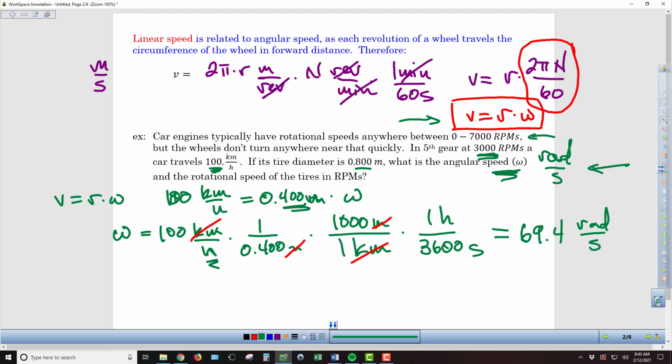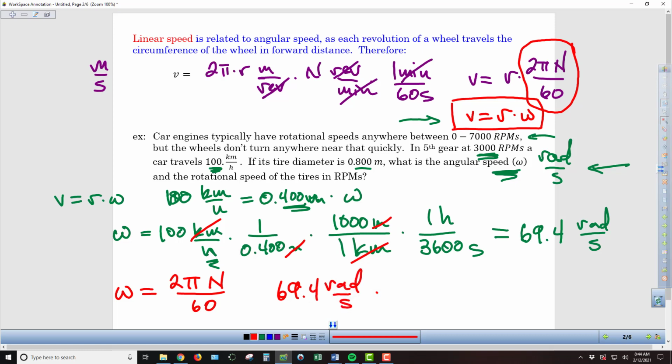And then we want to convert that into rotational speed. And so if you recall, we have our equation omega equals 2 pi N over 60. So we can rearrange this by taking our 69.4 radians per second.